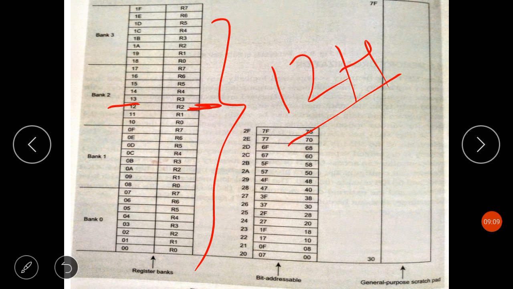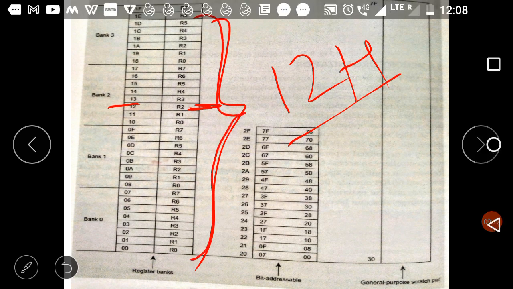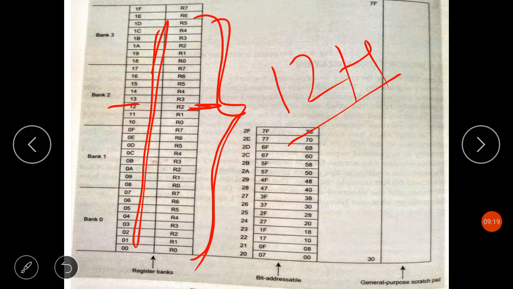So the address itself tells me which register. If I have to address any register by its address, I will directly write the address. There is no need of selecting the bank. So this was about the register bank area.